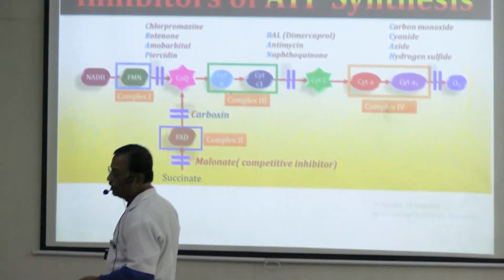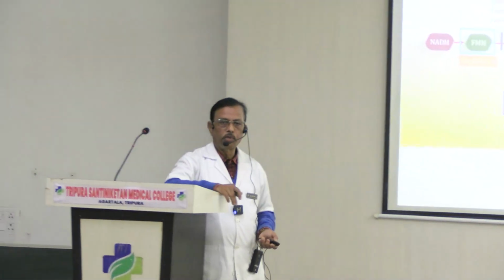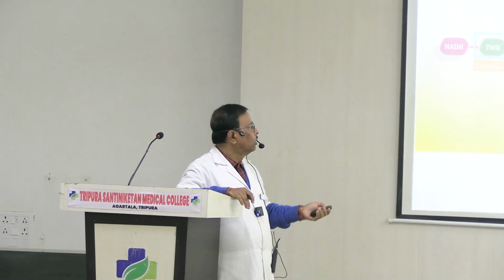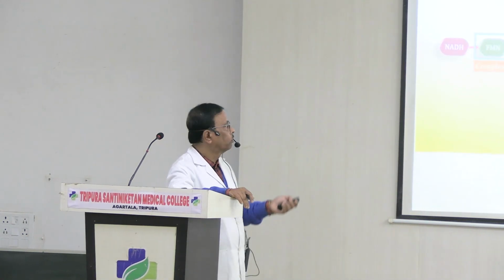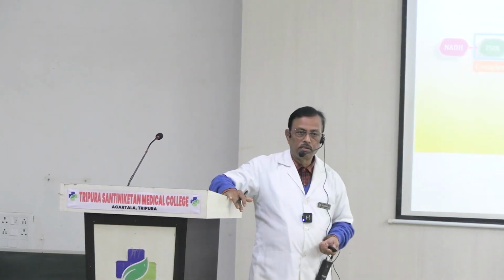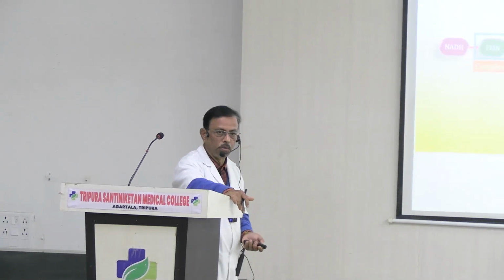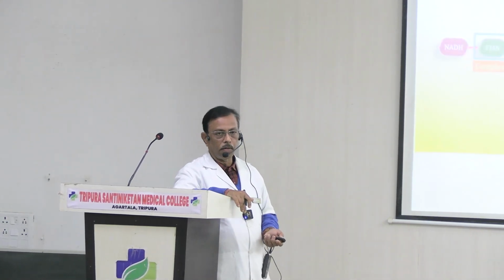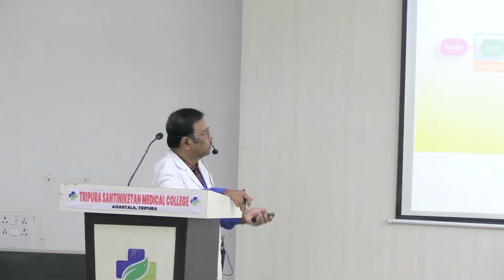Because carbon monoxide, cyanide, azide and hydrogen sulfide block the transfer of electrons from cytochrome a to a3 in complex number 4. So the proton gradient does not occur due to blockage of electron transfer. That's why they are poisonous.